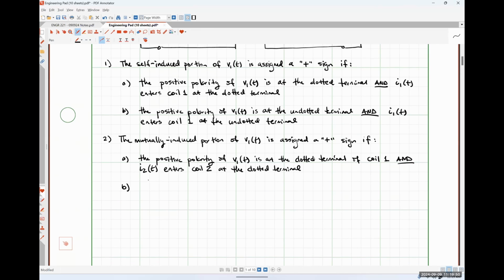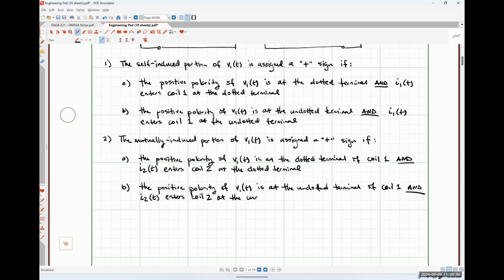So if the positive polarity terminal of V1 is at the undotted terminal of coil 1 and I2 enters coil 2 at the undotted terminal, then we will also get a plus sign.